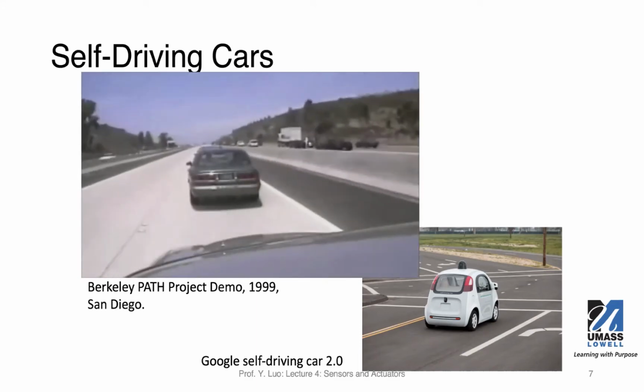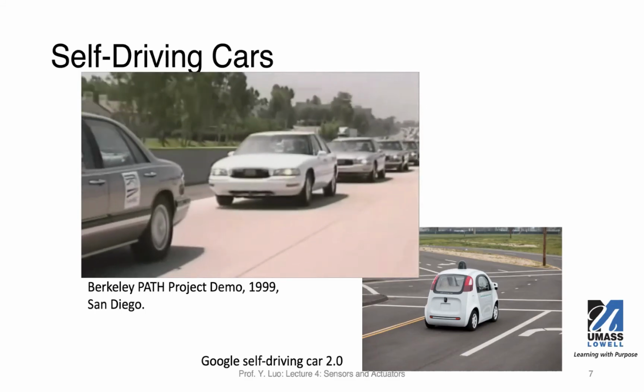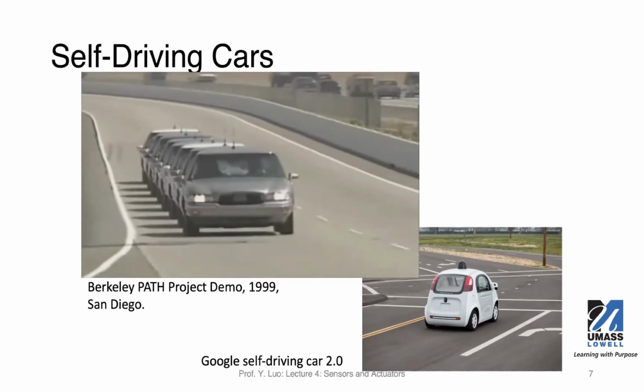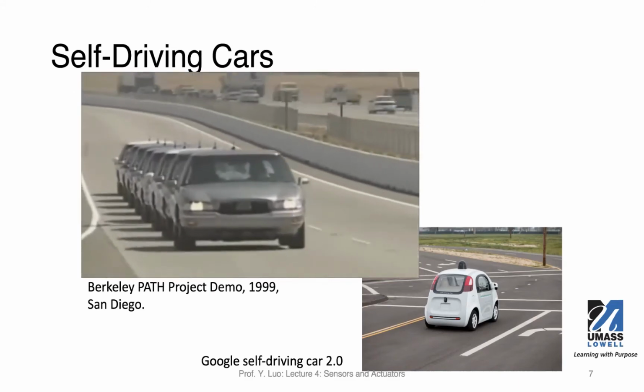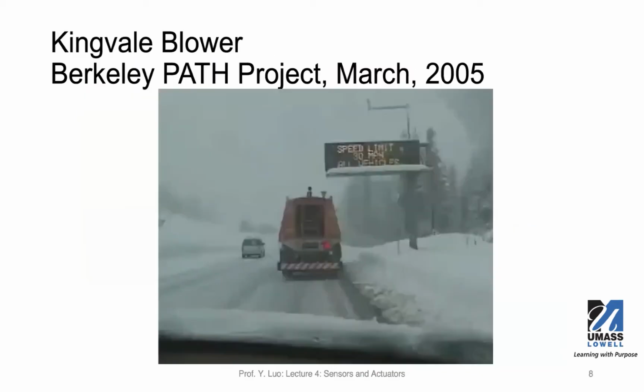And on the top right on the slide, you see that's the Google self-driving car. It's much smaller in terms of the car, but the sensors are even more than the earlier project. But the main message here is that these sensors played a vital role in enabling such autonomous vehicles.